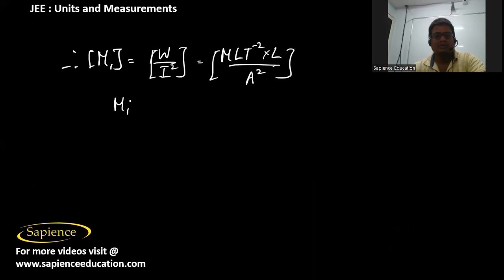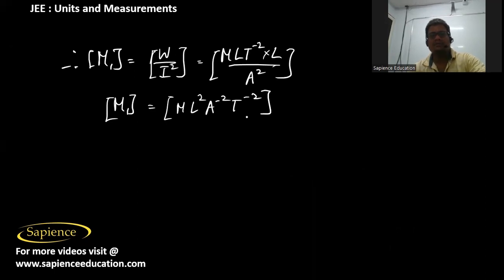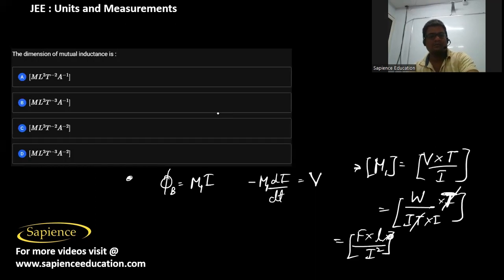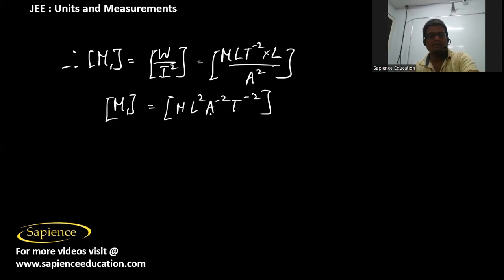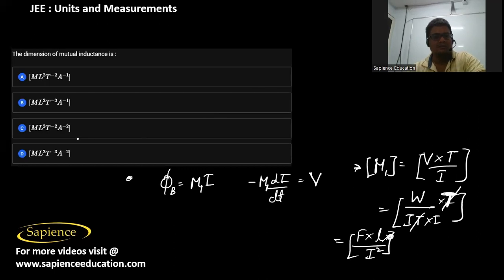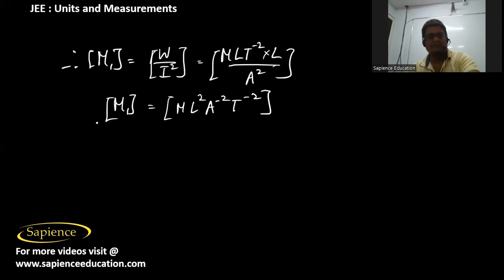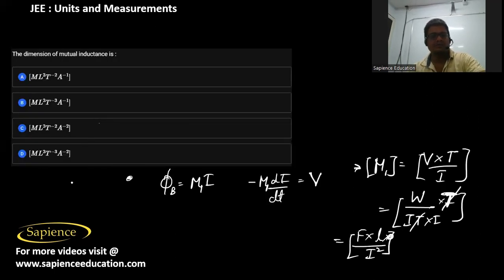So the dimensional formula for mutual inductance is M L square T power minus 2 A power minus 2. So option C is the correct answer.